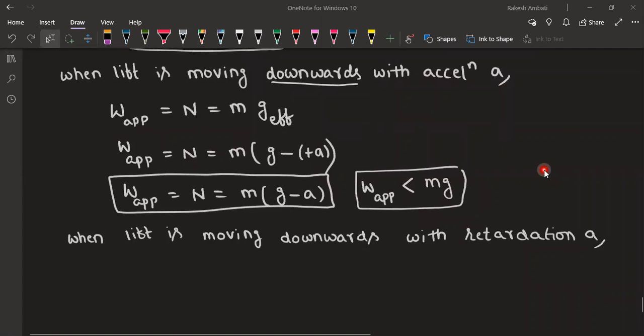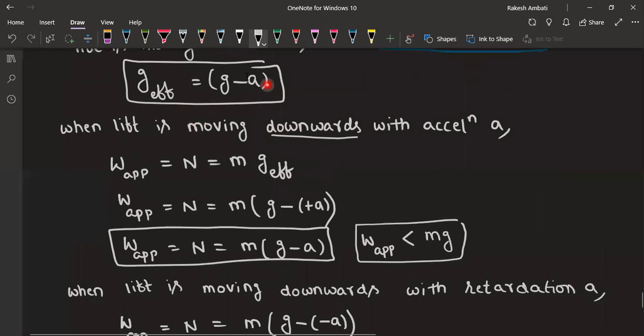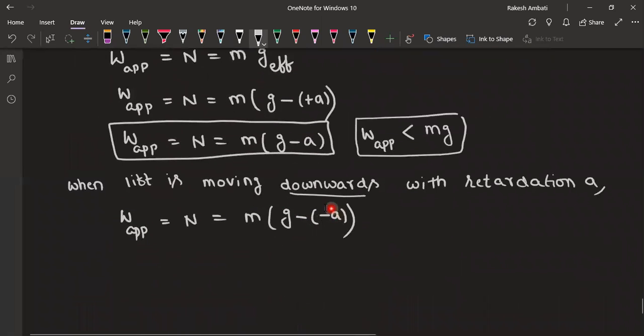So when the lift is moving downwards, to find apparent weight or normal force, that is m into g minus a we have to follow. But in the place of a, what we have to write? Minus a, because retardation is nothing but negative acceleration. So g effective is g minus a because the lift is moving downwards, but we write negative acceleration because of retardation.